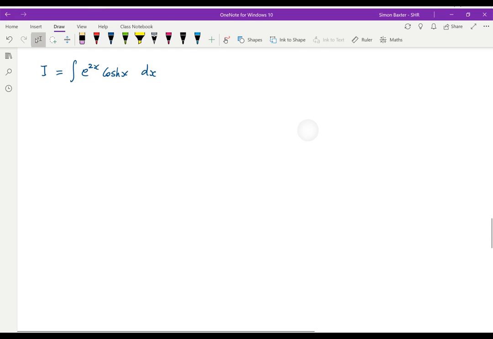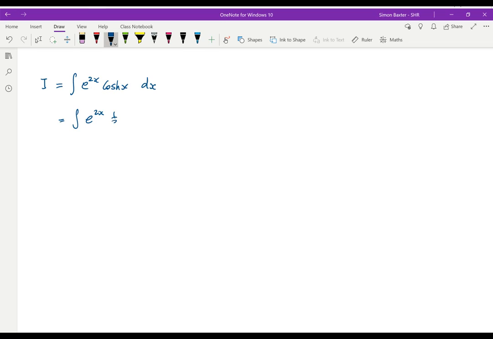Here we have another one, which if we were faced with trigonometry, we would do that by parts. But if you look at the exponential form of that, let's try that. We get the integral. Cosh x is a half e to the x plus e to the minus x dx.